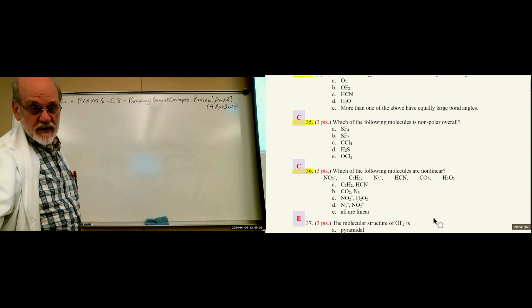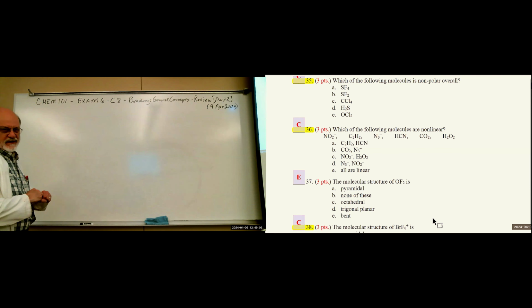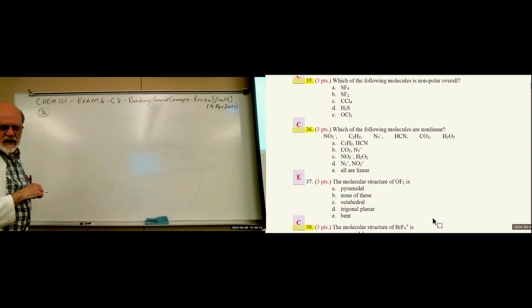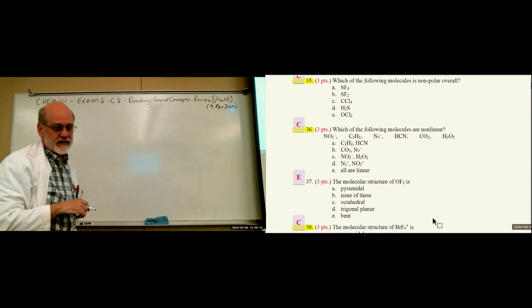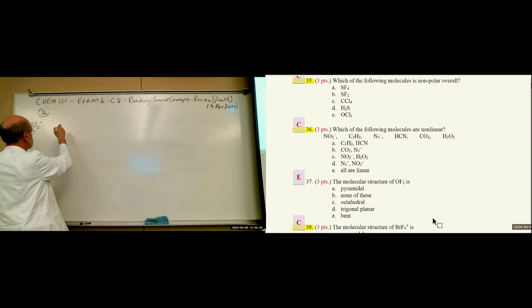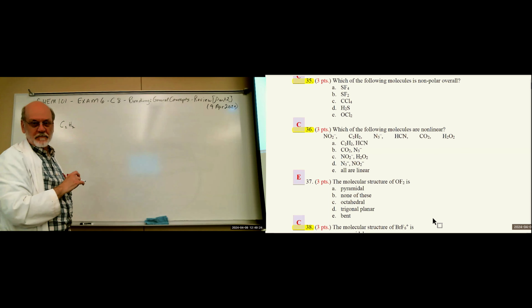And 36 coming up. Which of the following molecules are linear? Okay. So what do we have to choose from? NO2 minus, the nitrite polyatomic ion. And we have C2H2, which I'll bet my money is acetylene.